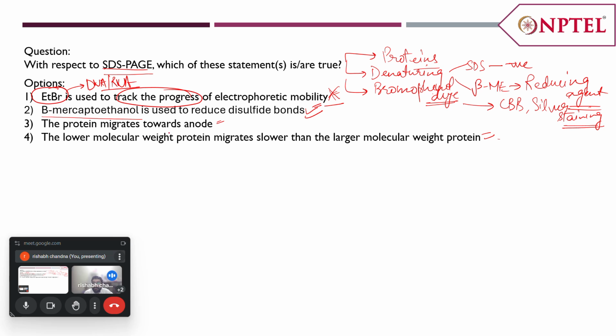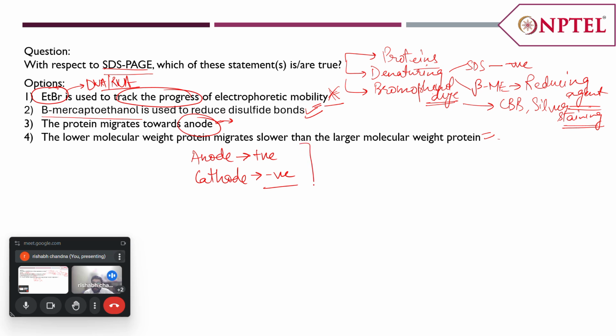Then the protein migrates towards the anode. So now what kind of electrode is the anode? Is it a positive or a negative charge? The anode is basically a positive charge electrode and the cathode is the negative charge electrode.